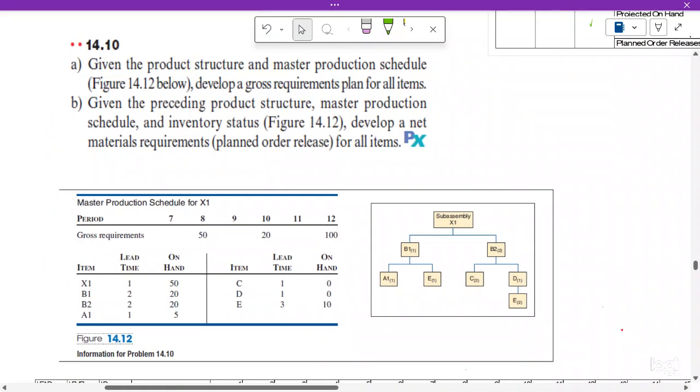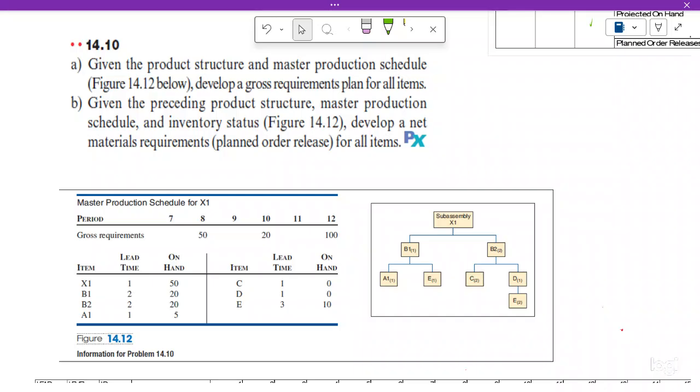So now, for this exercise, given the product structure and master production schedule on figure 14.12, develop a gross requirement plan for all items. I do not ask gross requirement plan no matter what.